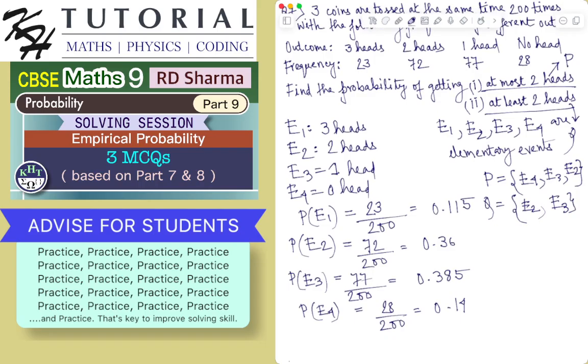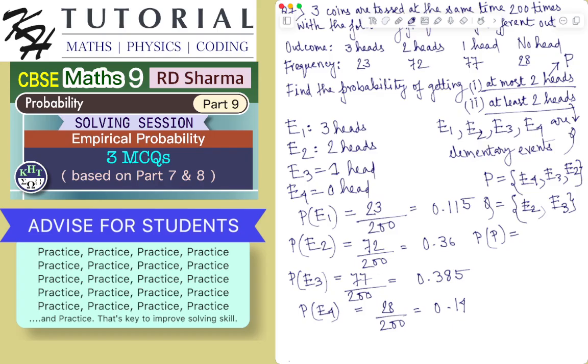Okay. So we have to find the probability of P and Q. The probability of a compound event is always equal to the sum of the probabilities of the elementary events which are present in its collection.